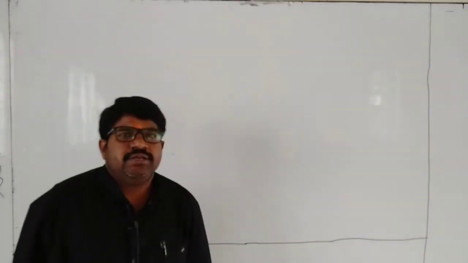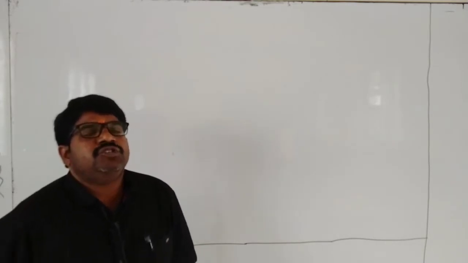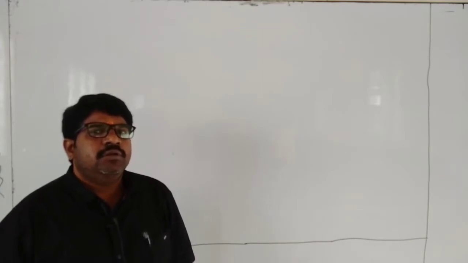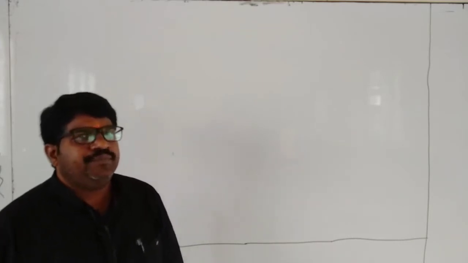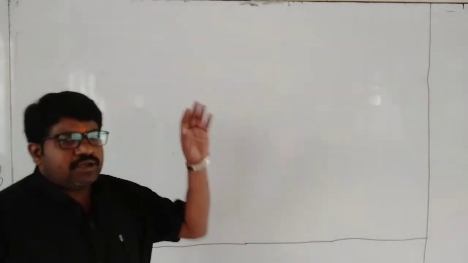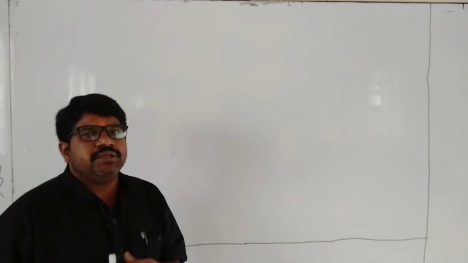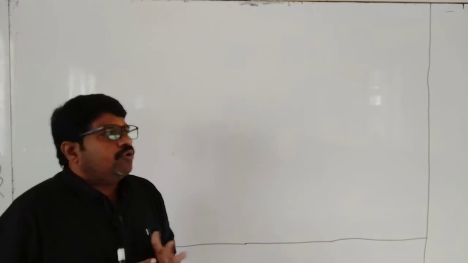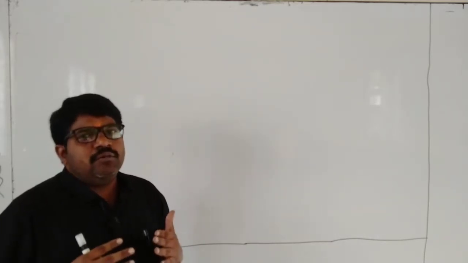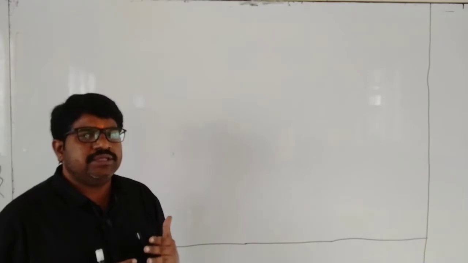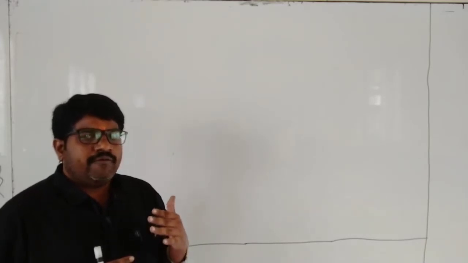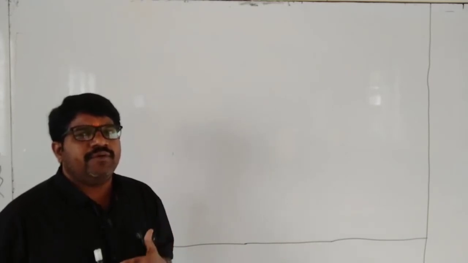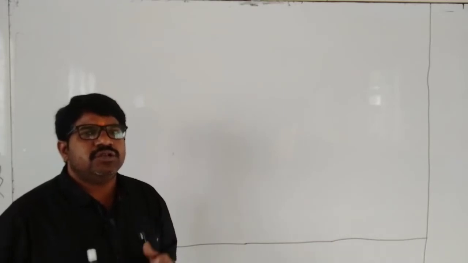Actually, yesterday we discussed osmotic pressure and reverse osmosis. That is completed. Today I am going to explain what is abnormal molar mass, what is the Van 't Hoff factor, I, and how to calculate the Van 't Hoff factor for association and dissociation molecules.